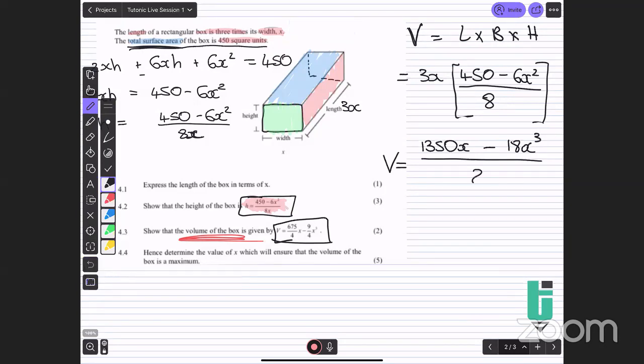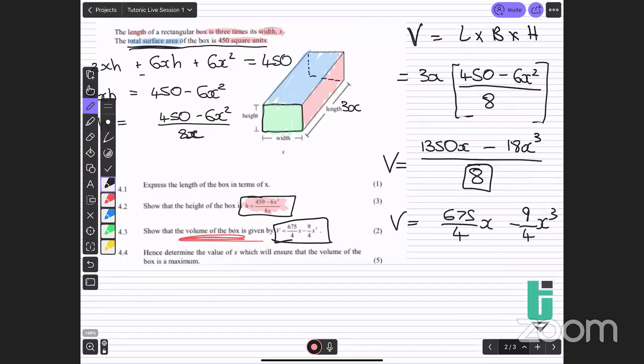But we can divide the 8 out by each of these terms. So what is 1,350 divided by 8? If you type it in, it becomes 675 over 4 x minus 9 over 4 x cubed. Does everybody see that? Yes.